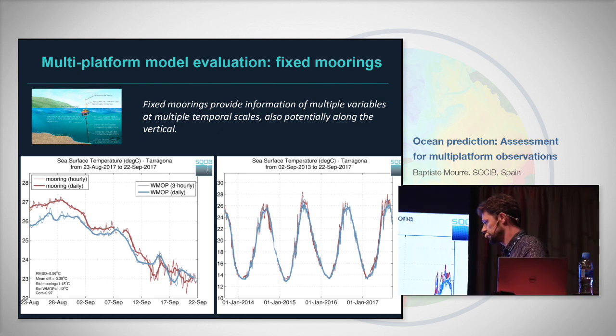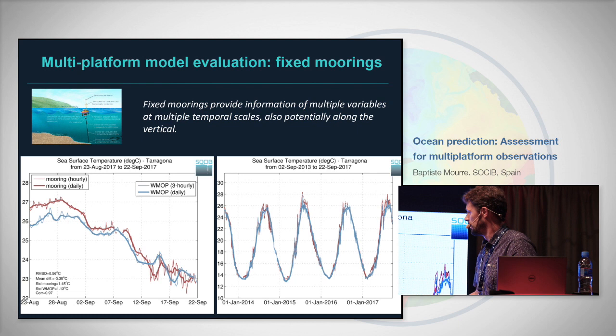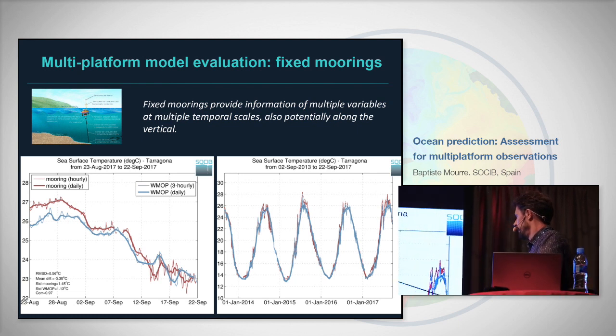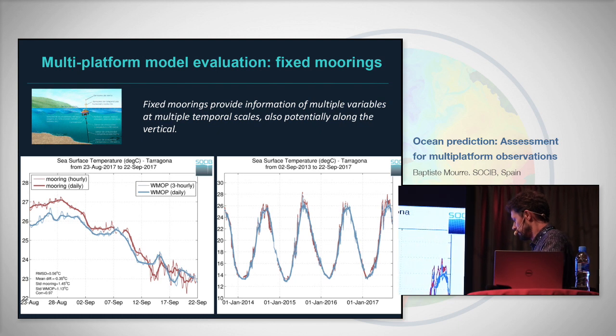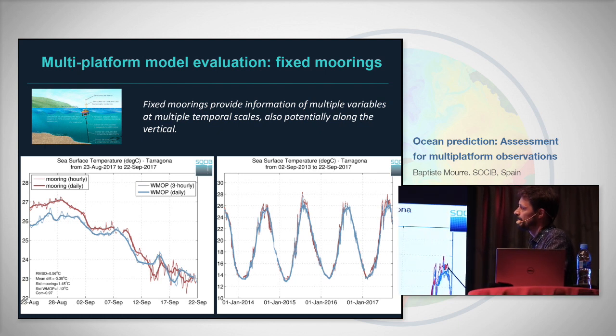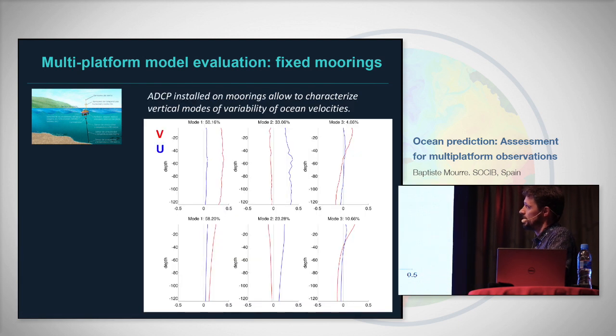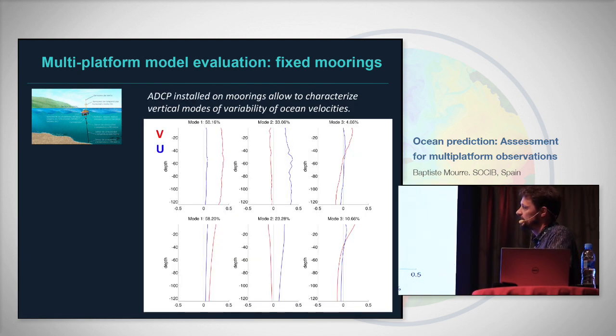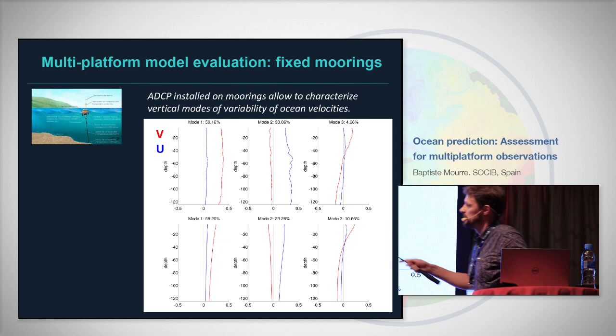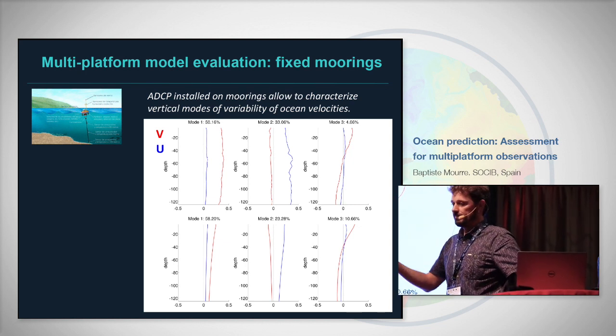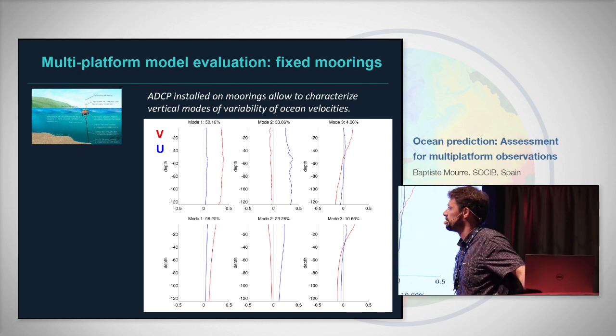If you take longer time series, you can evaluate your seasonal cycle. You can evaluate how the heat waves are represented in your model, or particular events during the year. You have data along the vertical, so this is just an illustration of what we can do. You can analyze it in terms of modes along the vertical.